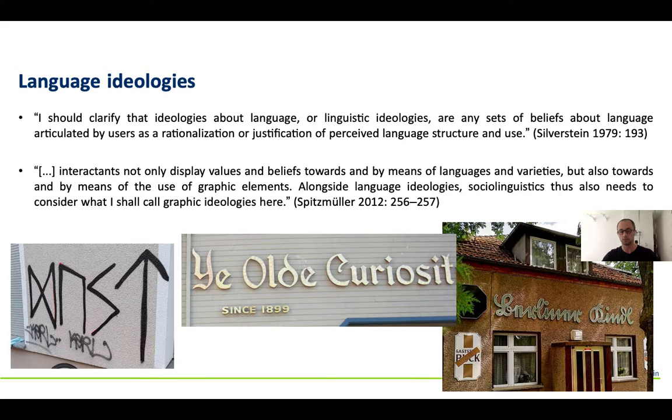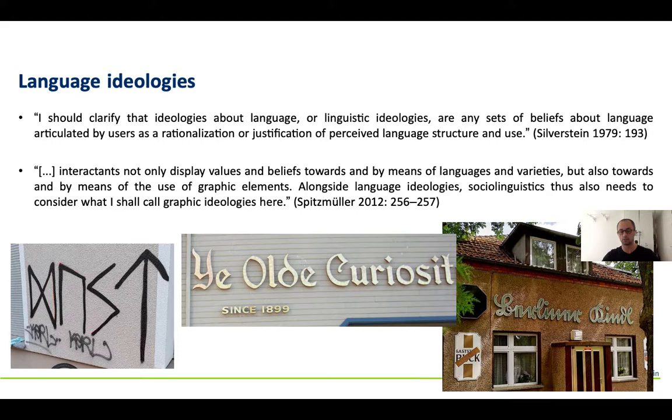And then on the right-hand side, we have an old abandoned pub, a Biergarten in Berlin, saying that they have Berliner Kindl on tap, but written in the old Sütterlin script, right? And it also says something. Even if you can't really read it, nowadays it conveys something like, this is old, right?